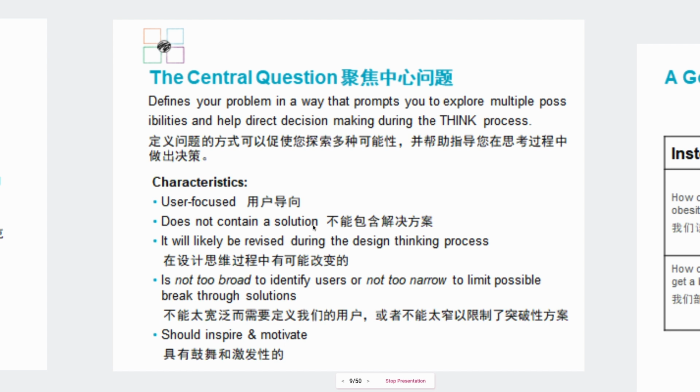Then it will likely be revised during the design thinking process, through the research, analyze, synthesize, and realize steps. For each step, the central question can be revised as required. Also, it should not be too broad to identify users, or too narrow to limit possible breakthrough solutions.